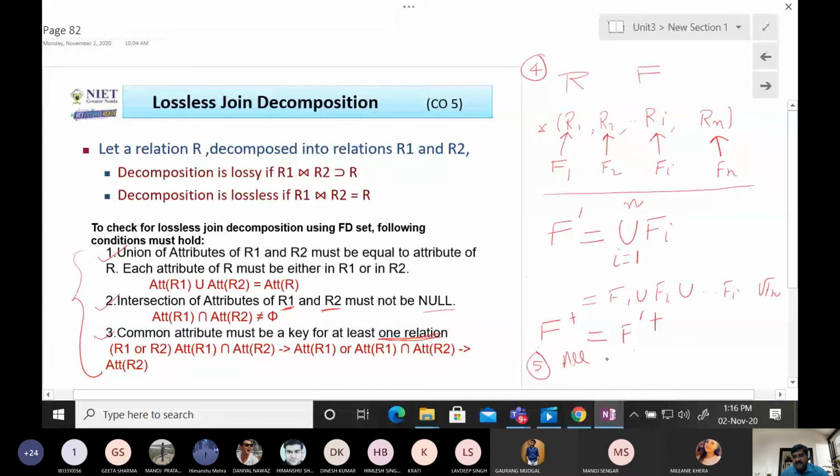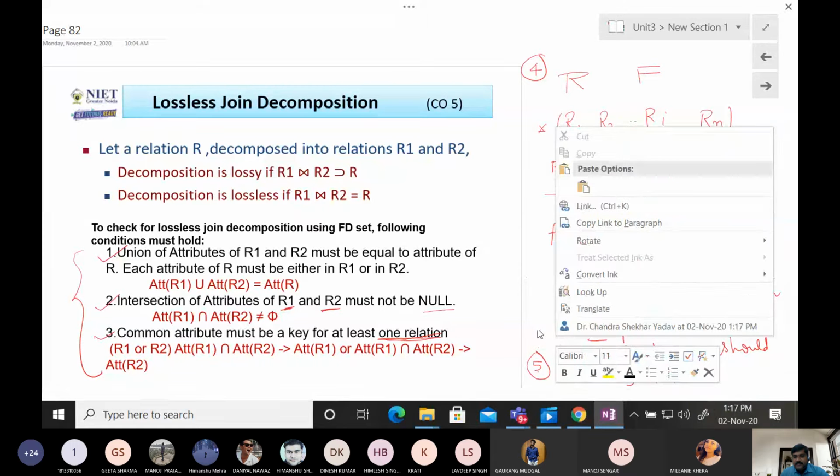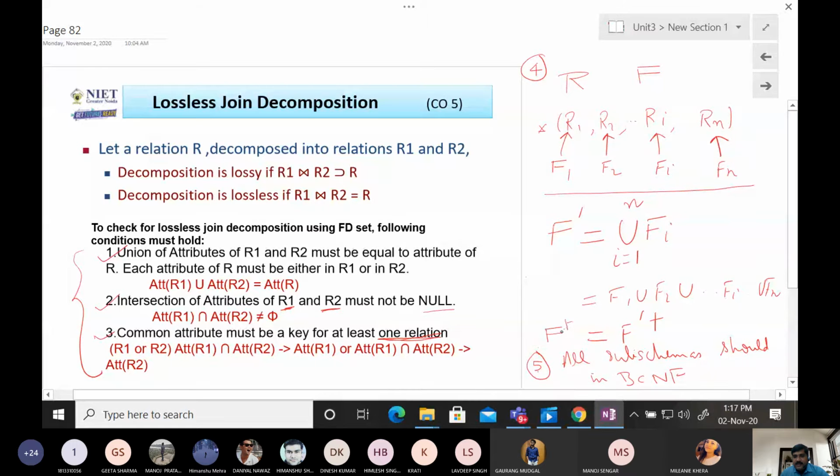It means all sub-schemas should be in BCNF. I have already told you that industry people generally normalize tables up to BCNF, and BCNF is a stronger form of third normal form. Then your database design is good.